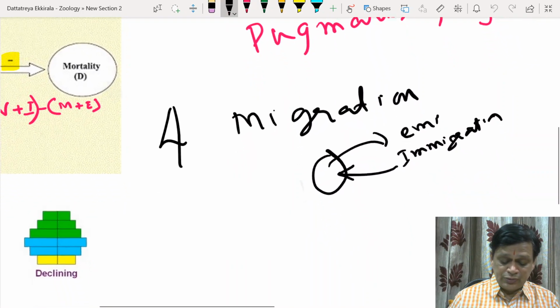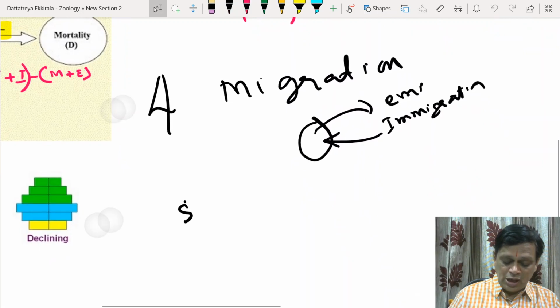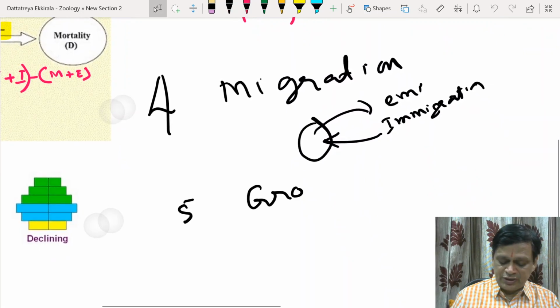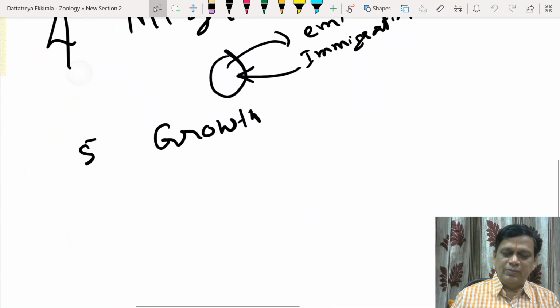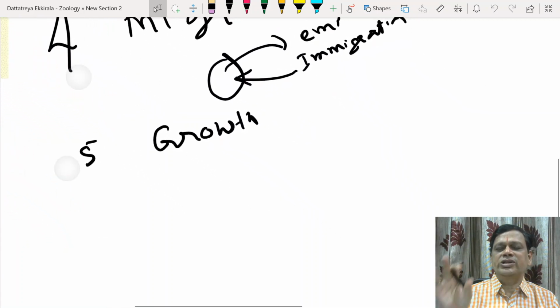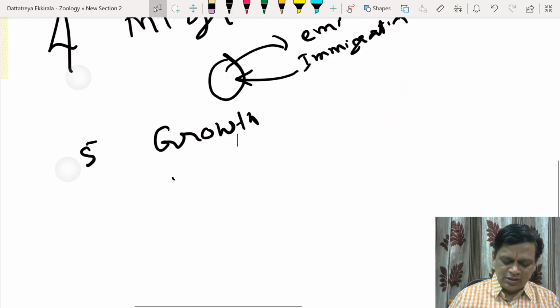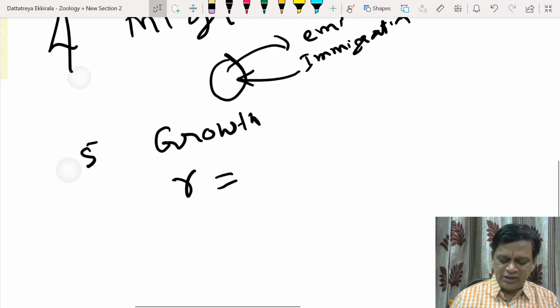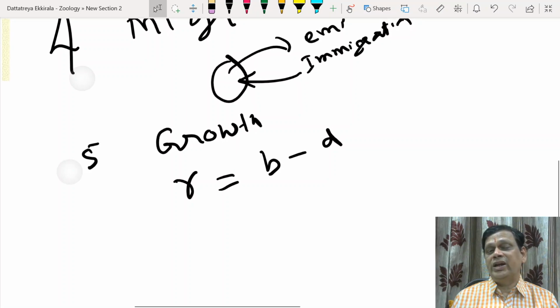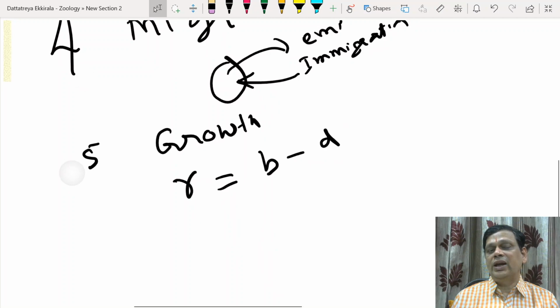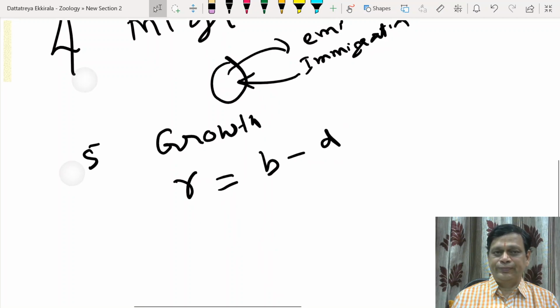Then coming to growth, how the population is growing. One important thing, whether population increases or decreases, depends on the intrinsic rate of natural increase, or birth rate minus death rate. Suppose birth rate is 0.4, death rate is 0.2, then net growth is 0.2. The r value will be 0.2 in that case.